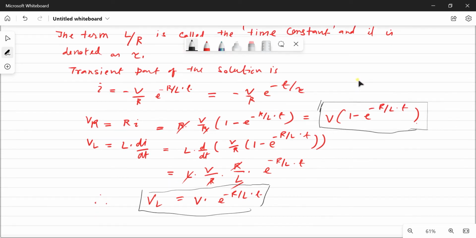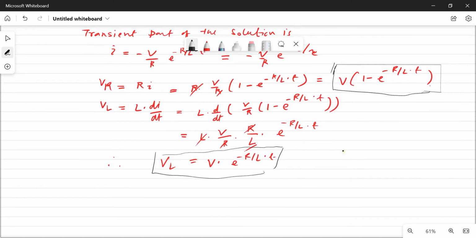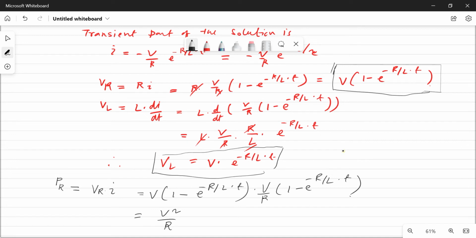Now power in the resistor, denoted as PR, is equal to VR into I. VR is V into 1 minus e to the power minus R by L into T, and I is V by R into 1 minus e to the power minus R by L into T. So we get V square by R times (1 minus e to the power minus R by L into T) whole square, which is of the form a minus b into a minus b.